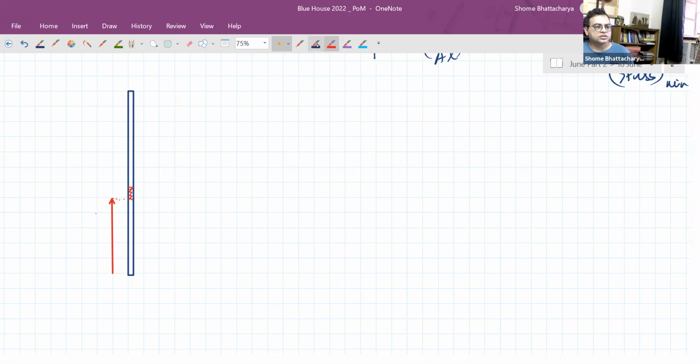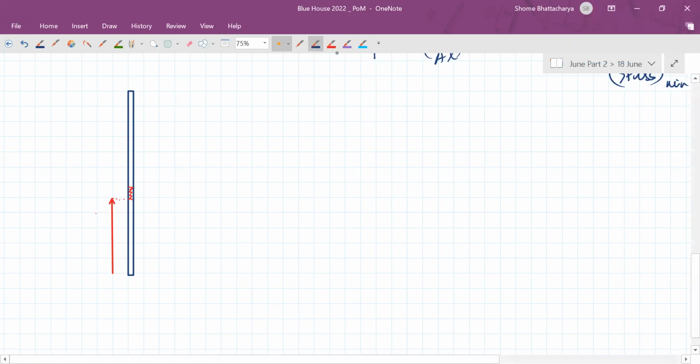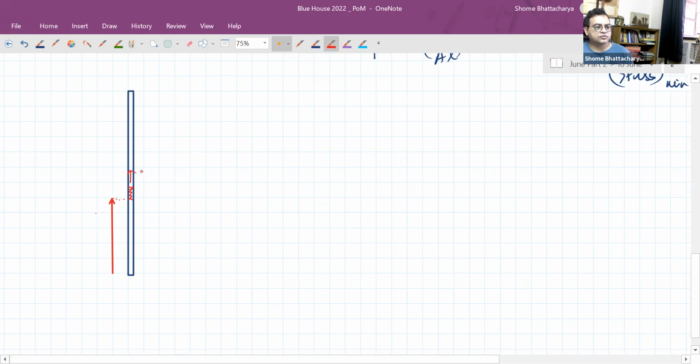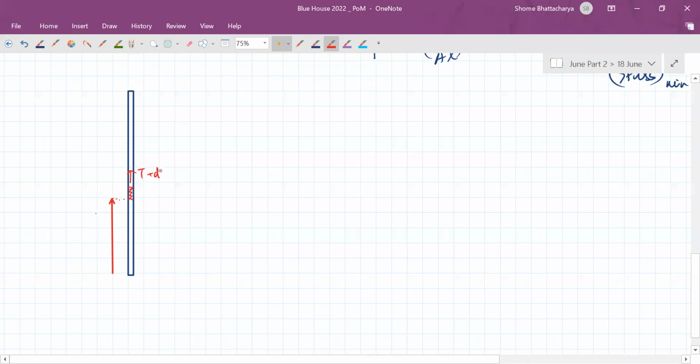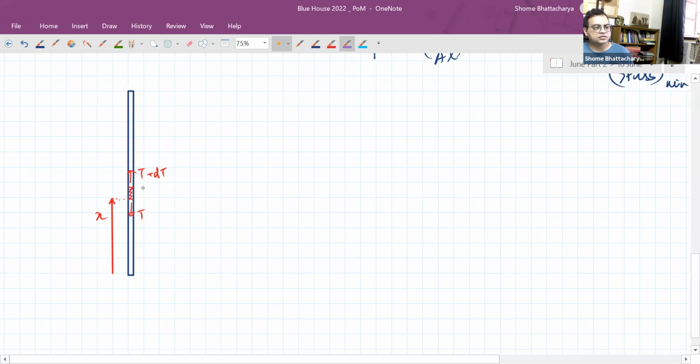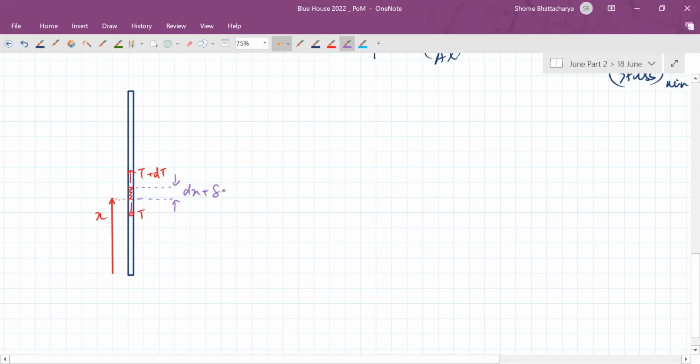Okay, so this element dx, if we look at it now, is under the action of tension like this. So as a result of this tension, this element has got elongated to dx plus delta of dx.